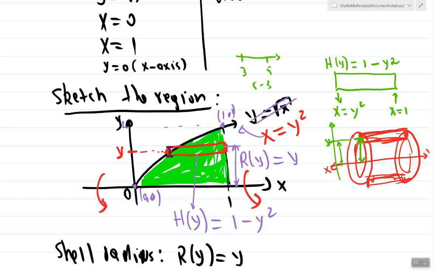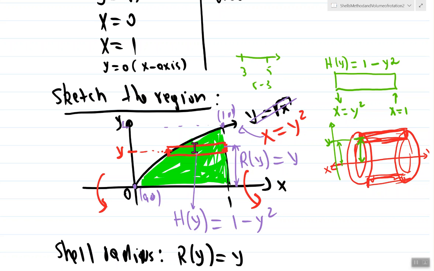Now this function was given as a function of x. Because of this y, we have to change this function in terms of y. To do it, we have to square both sides. So when you square y, you get y squared. You square square root of x, you get x. So this function must be changed as x equals y squared.